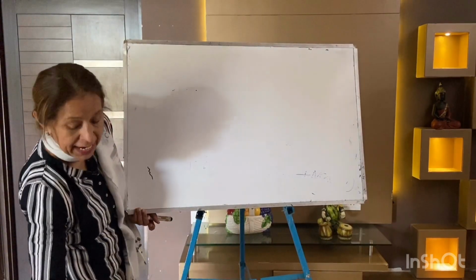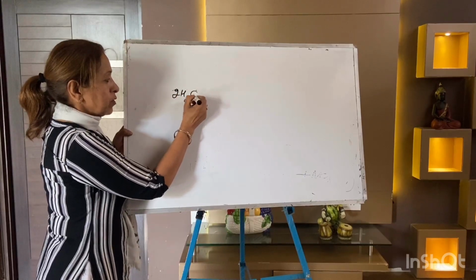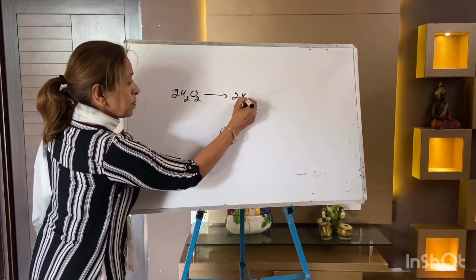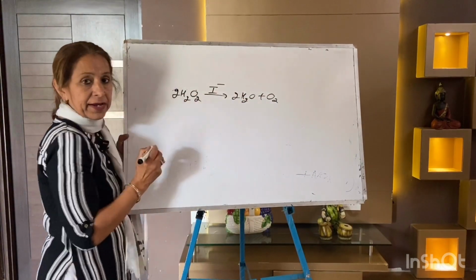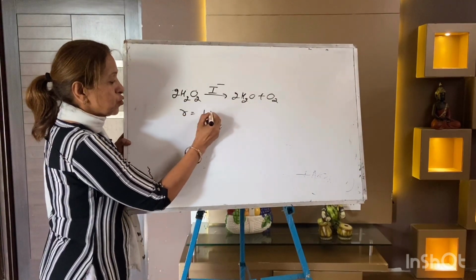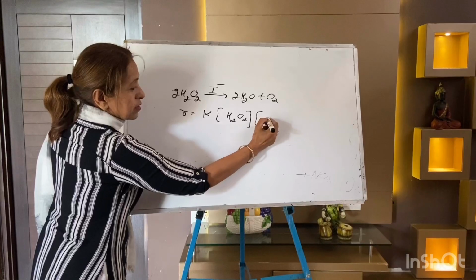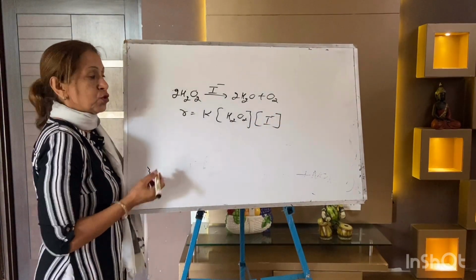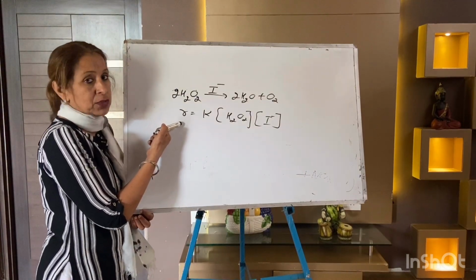Now I am taking one more equation, that is an NCERT equation, again with the mechanism. Write down 2H2O2 arrow 2 water plus oxygen. Catalyst is I minus, iodide ion. It's given rate R is equal to K, H2O2 and I minus. The question is to write the mechanism. Now this is your overall equation and this is your rate equation. Rate equation is always written from the slowest step.